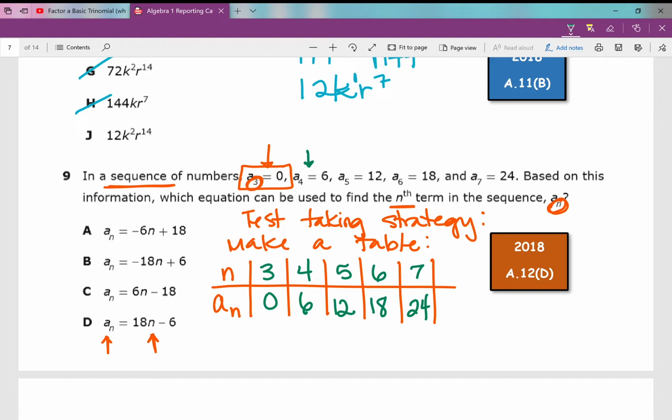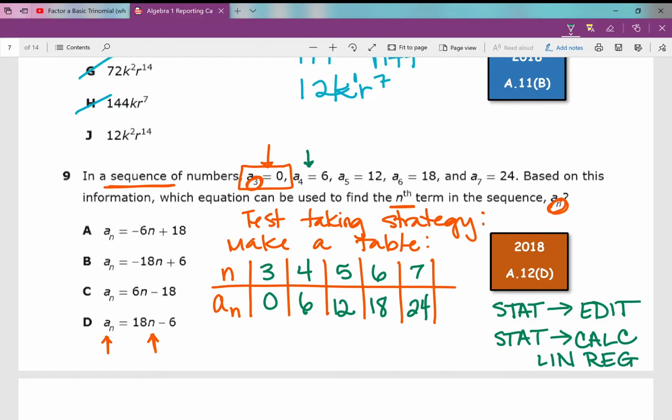Your test-taking strategy, whenever you see a table of values, plug it into stat calc. So you're going to do stat, edit, and then stat, calc, linear regression, linreg. Okay, that's a really good test-taking strategy.